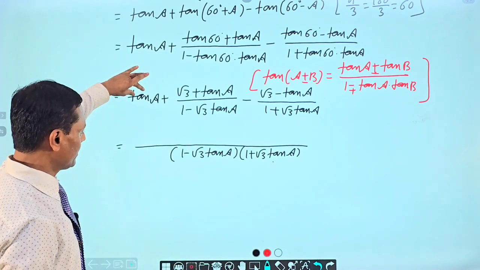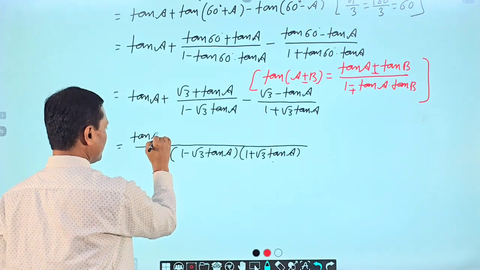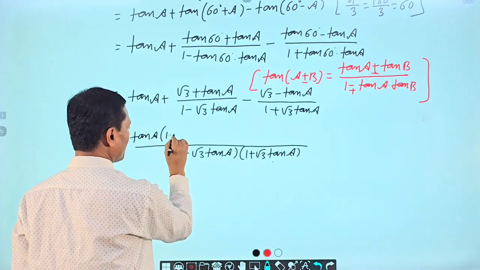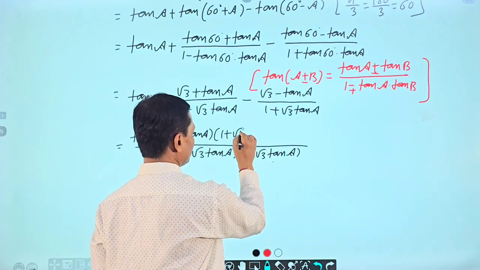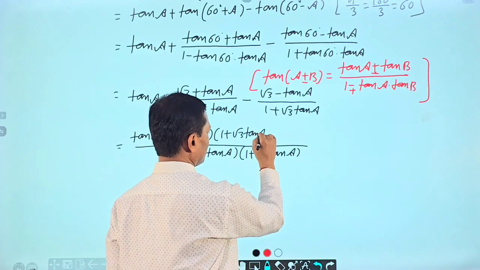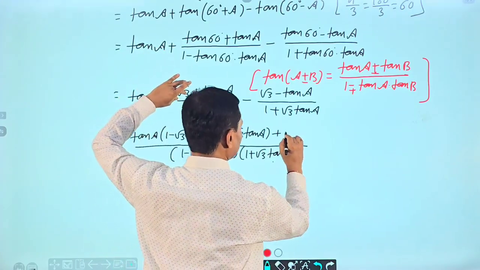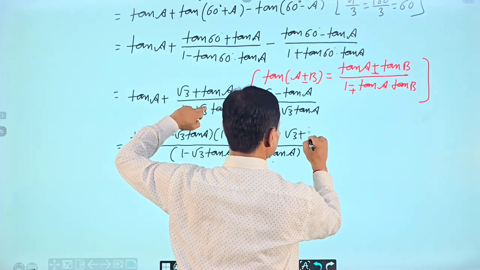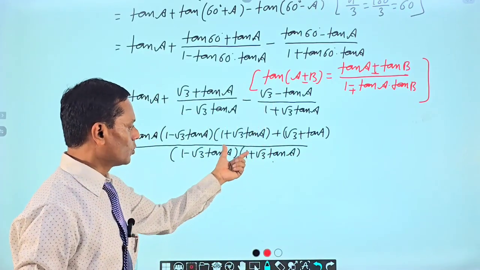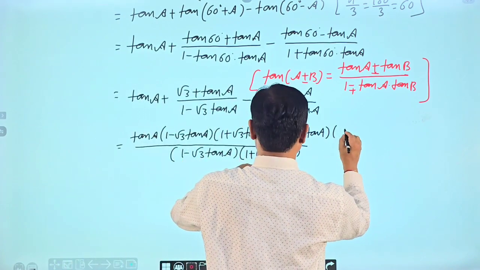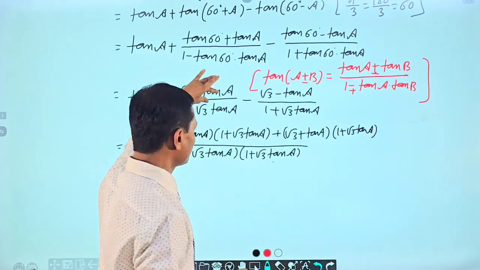Be careful here. Tan A, the denominator is 1, so we can write tan A bracket 1 minus root 3 tan A, 1 plus root 3 tan A, for this part. And plus here the numerator is root 3 plus tan A, and according to the rule of fractions, we write inside the bracket 1 plus root 3 tan A, for this part.